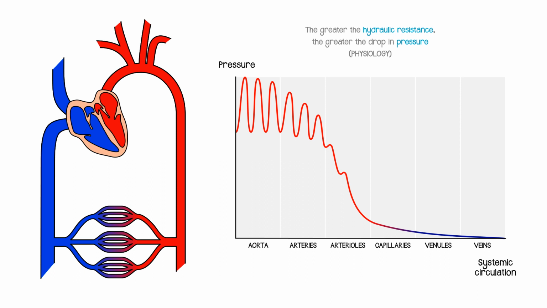In fact, you get most of the pressure drop occurring across the arterioles, which you can see quite clearly in a graph such as this. That large pressure drop across the arterioles tells you that they have the highest resistance. The reason is, as I've explained, individually they're relatively small and there aren't so many of them in parallel. So the biggest resistance is in the arterioles, the biggest pressure drop is across them, and that makes the arterioles the key point for the control of the circulation.